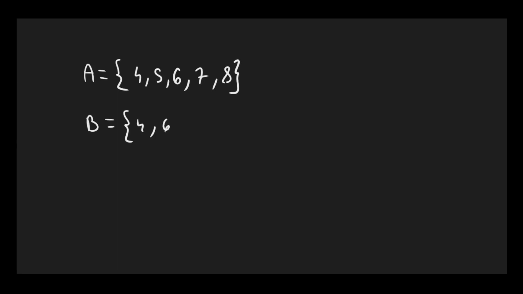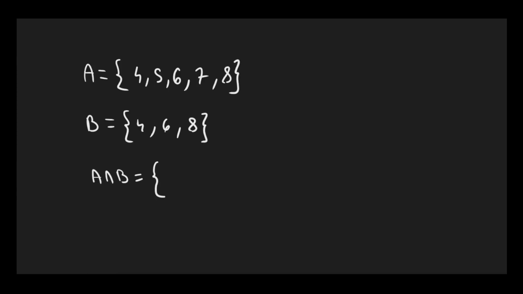Let's try this one. Let's say A is equal to 4, 5, 6, 7, and 8. And let's say B is 4, 6, 8. What do you think A intersection B is going to be?